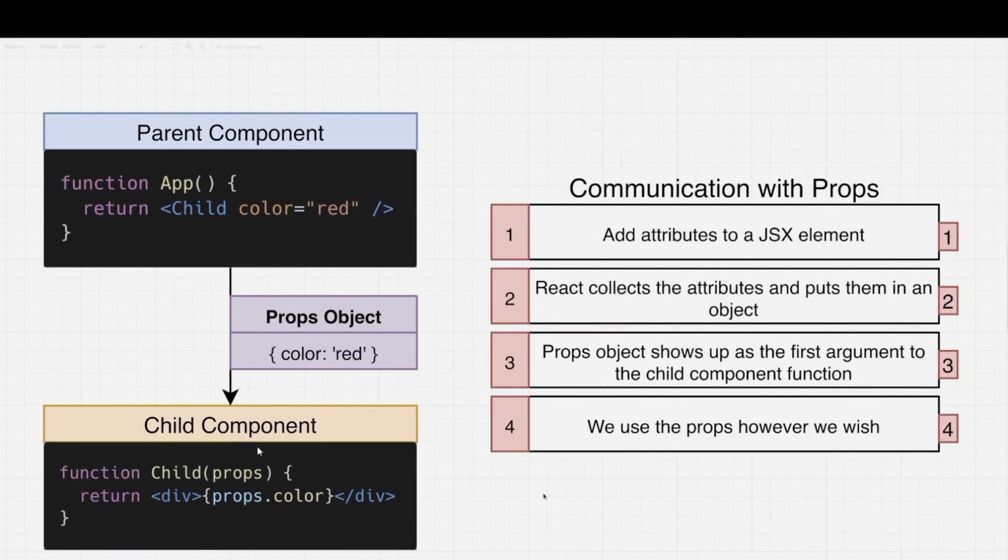And then we use the props however we want. So this was props. But the main thing here is that we need to configure how we can use these props to get our work done. That is a very interesting thing, and you will learn a lot when we do this.